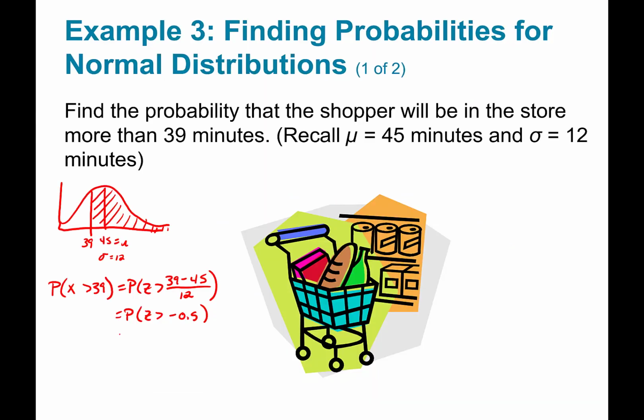But remember, since we want area to the right, we're actually finding a complement, so it's 1 minus 0.3085. And so we get our probability that x is greater than 39. Or in other words, the probability the shopper will be in the store for more than 39 minutes is 0.6915.